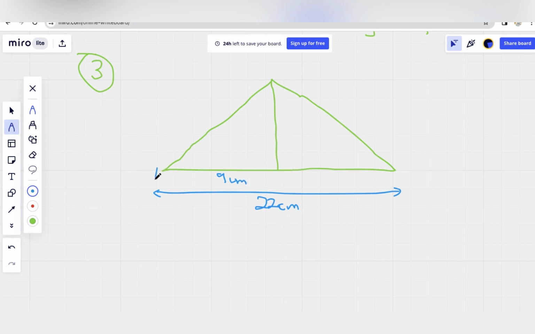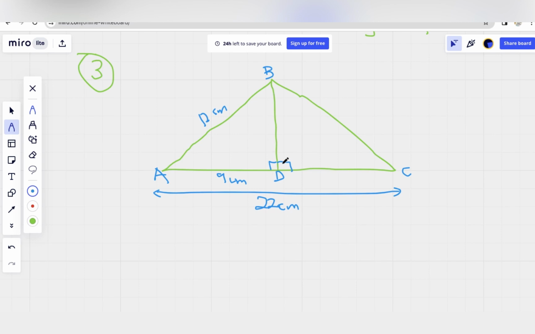And we say here is A, here is C, here is B, here is D, and here is angle 90, and here is also angle 90, and here is 12 centimeters.